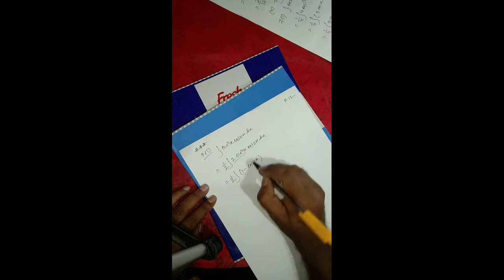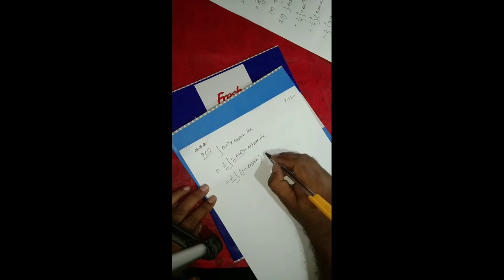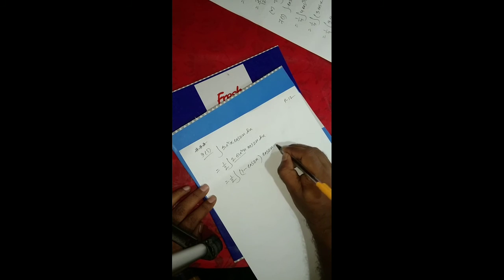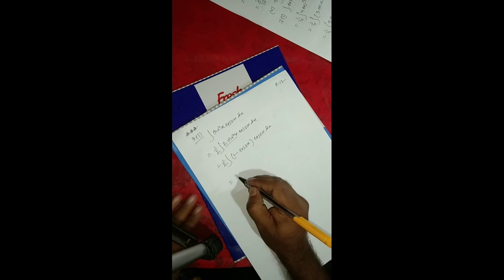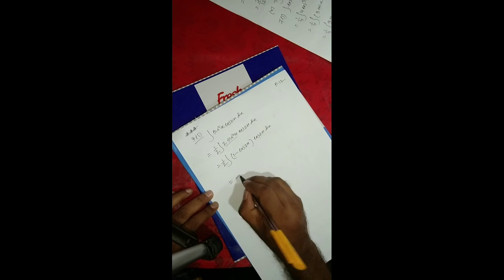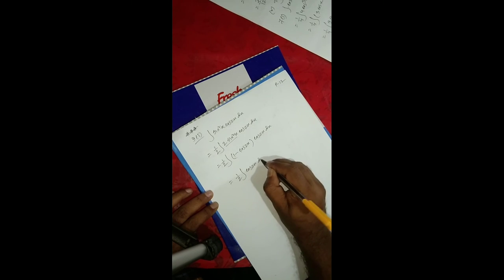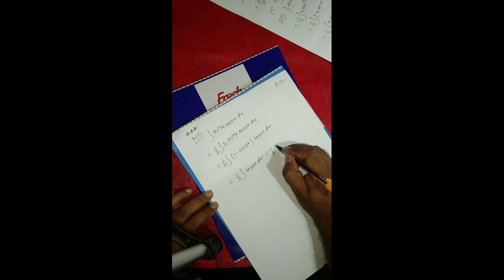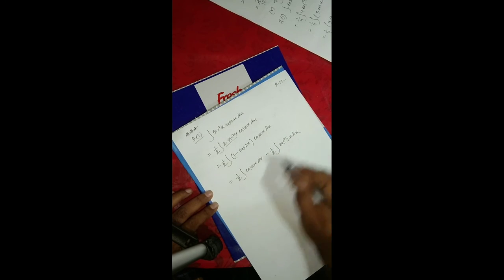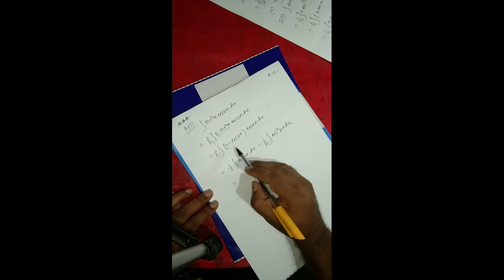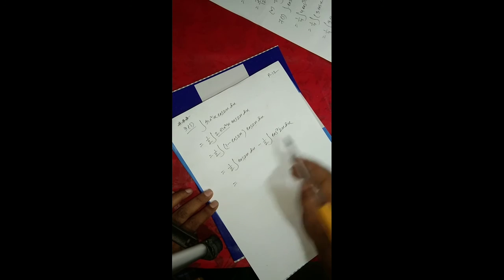For 2 sine square x, we write down 1 minus cos 2x and multiply by cos 2x dx. Now 1 by 2 integration multiply cos of 2x dx minus 1 by 2 cos 2x and cos 2x, that means cos square 2x dx. Just multiply 1 into cos 2x, and cos 2x into cos 2x, cos square 2x.